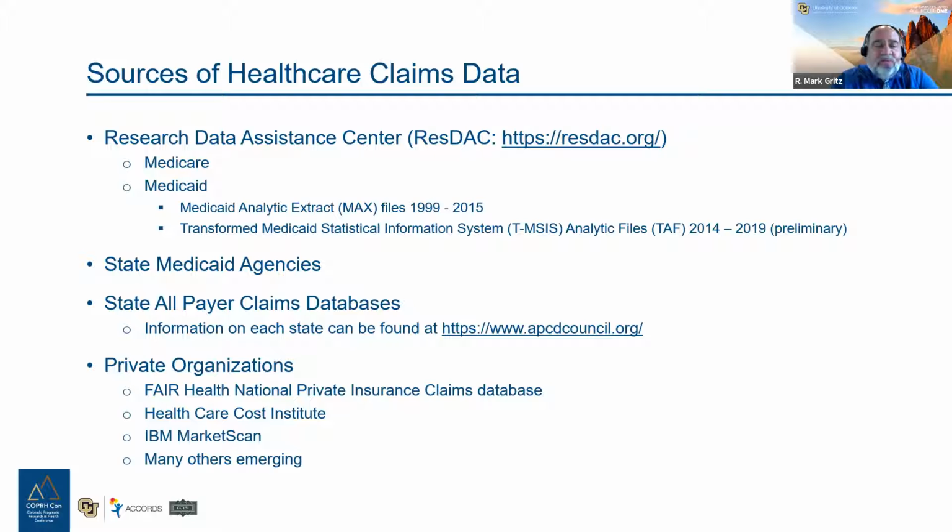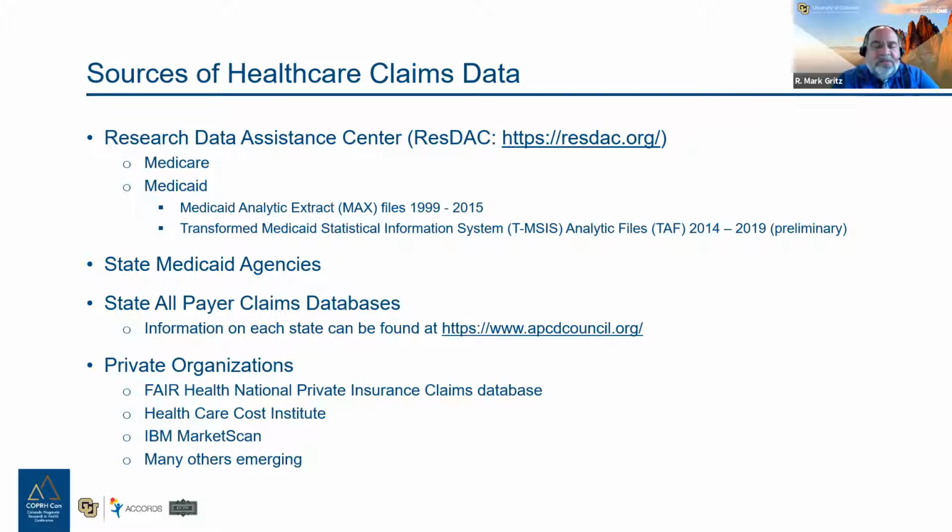ResDAC has also worked on taking Medicaid claims data and putting them into more research usable formats. They started back in the late 90s with what they referred to as their Medicaid Analytic Extract, or MAX files.